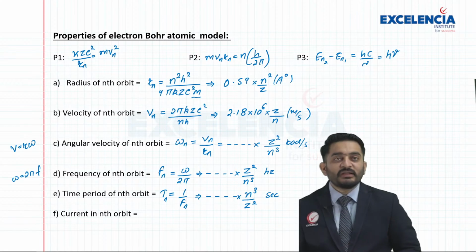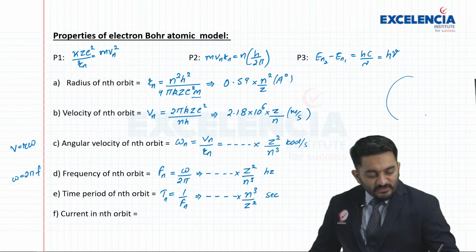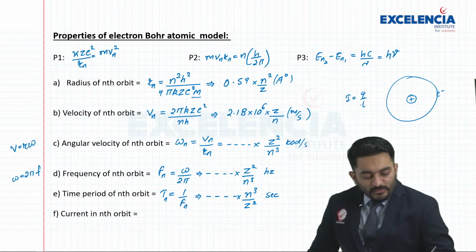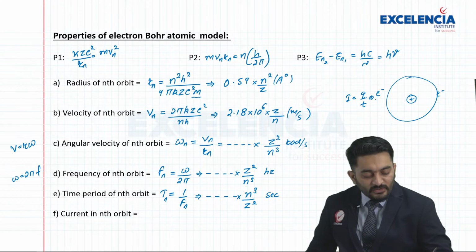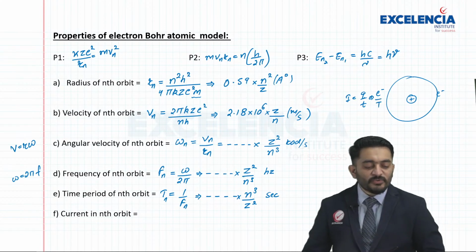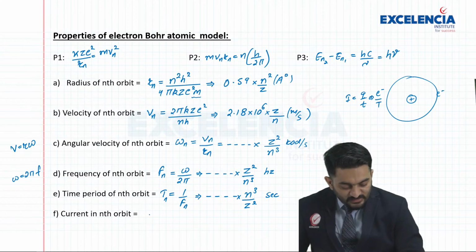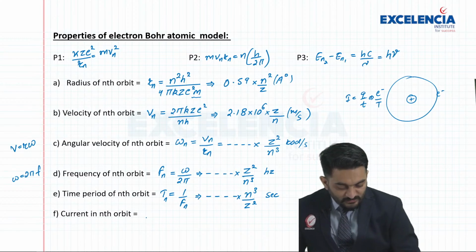When you talk about current in nth orbit, you need to understand that you have a charged electron moving around the nucleus. The formula we write for current is q over t, but as the charge is an electron and it is moving in a circular motion, it is written as e into f.